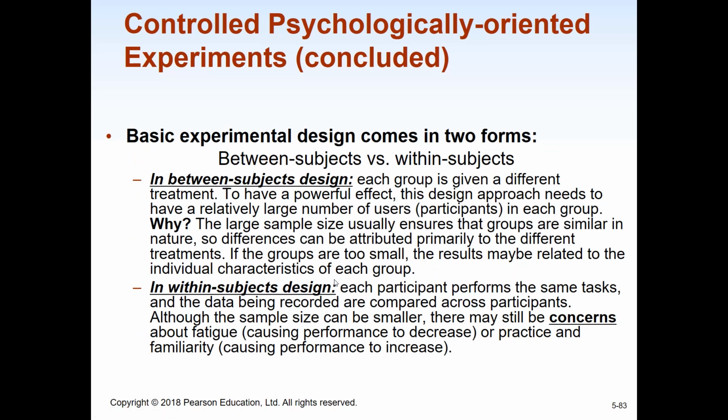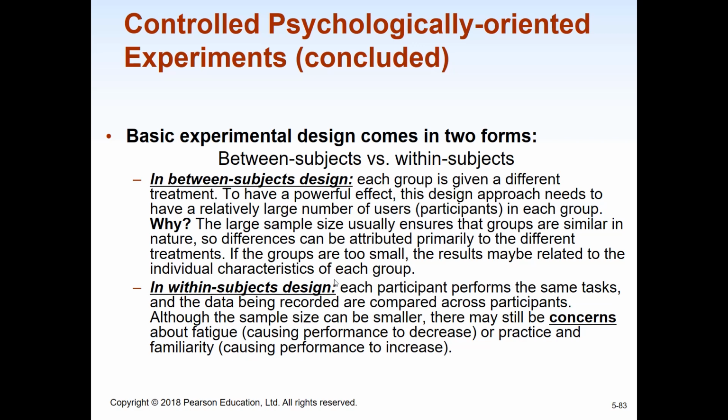Basic experimental designs come in two forms: between subjects and within subjects. In the between subjects design, each group is given a different treatment to have a powerful effect.